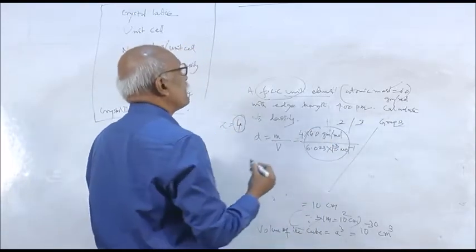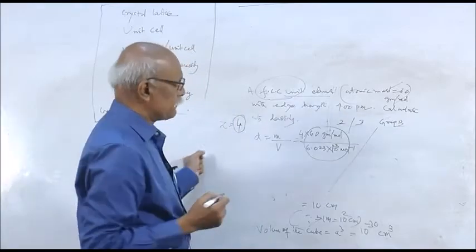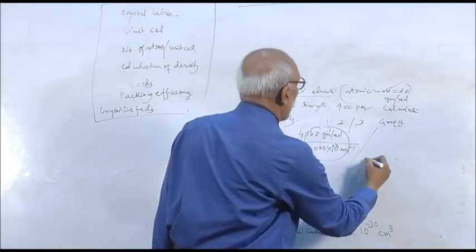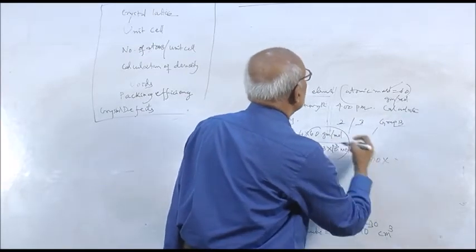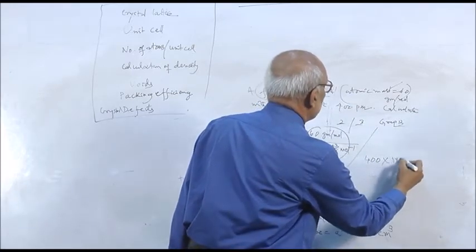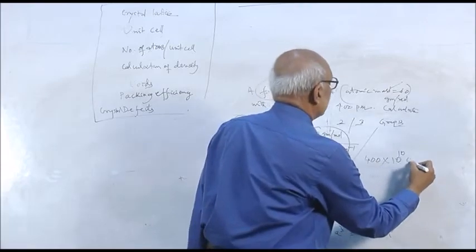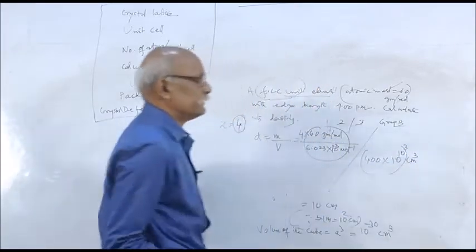So that is the total mass of the unit cell, divided by volume. The volume of a cube is a cubed. A is 400 picometer. As the mass is expressed in gram, you express 400 picometer in centimeter: 400 into 10 to the power minus 10 centimeter, whole cubed.